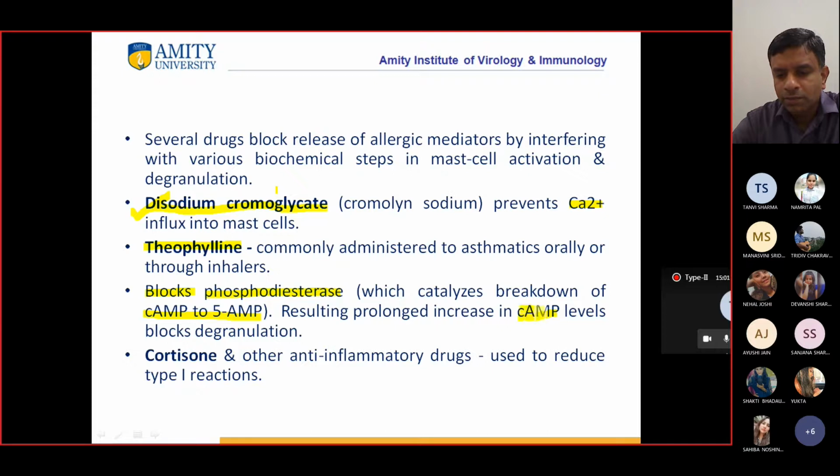So as cAMP levels increase, there will be blockade of degranulation. So this is the mechanism of theophylline, right? Then there are other drugs like your cortisone and other anti-inflammatory drugs. What they do is they are used to reduce type 1 reaction, right?